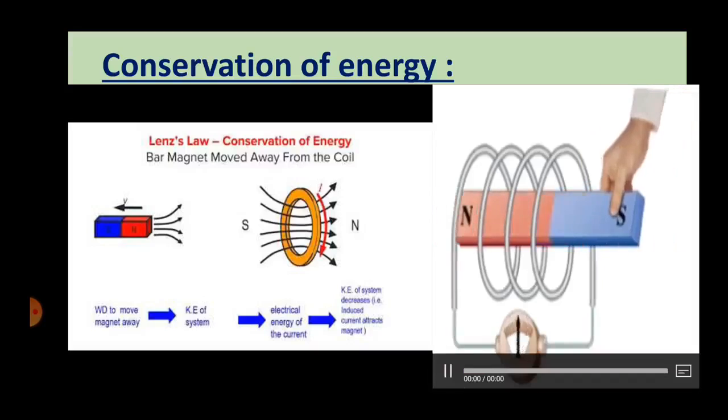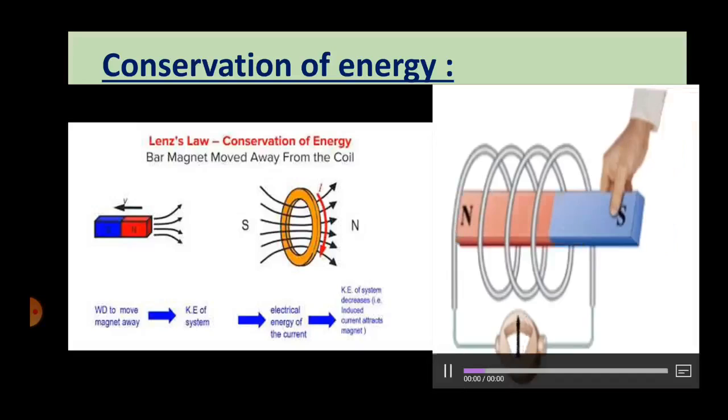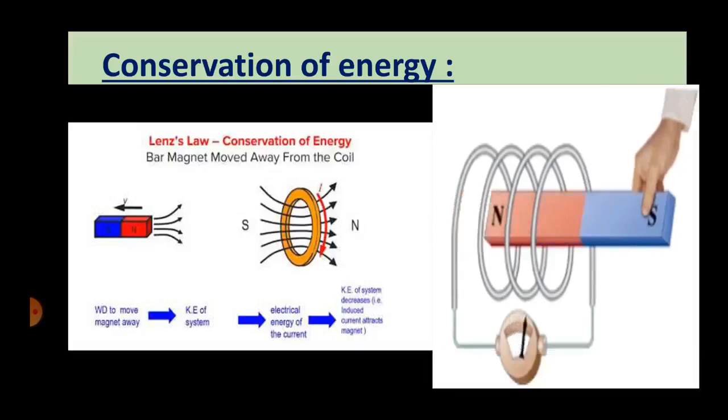So students, now induced EMF is produced. There will be a resulting resisting force on the moving magnet. That force is nothing but a resistive force. Now work has to be done by some external energy to move the magnet against the resisting force.